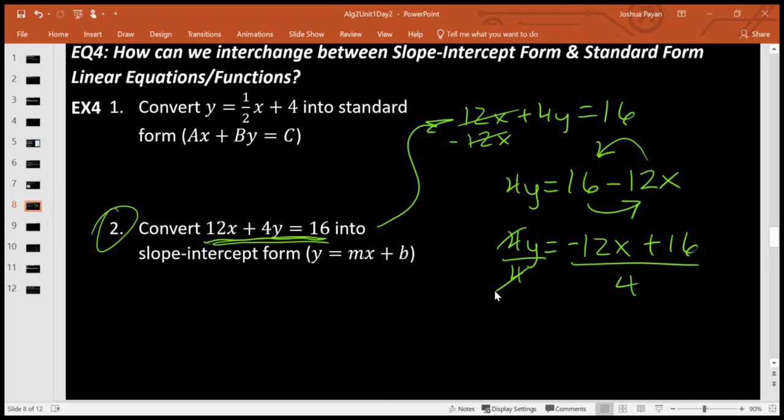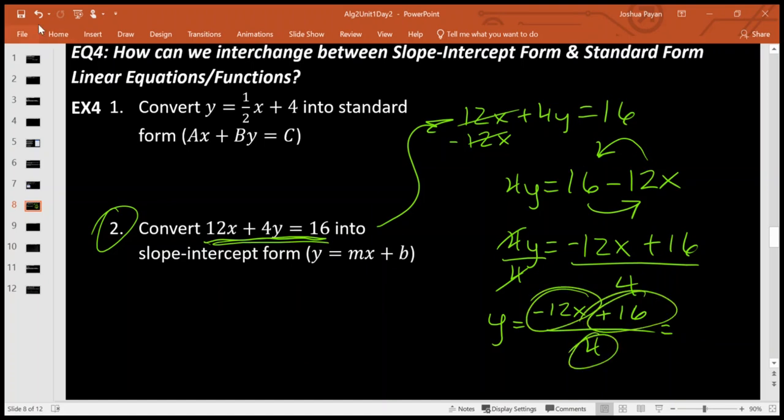So seems simple enough. y equals negative 12x plus 16, all of this over 4, right? But we can also say that it's each of these terms individually being divided by 4. So we can say it's negative 12x over 4 plus 16 over 4, right?